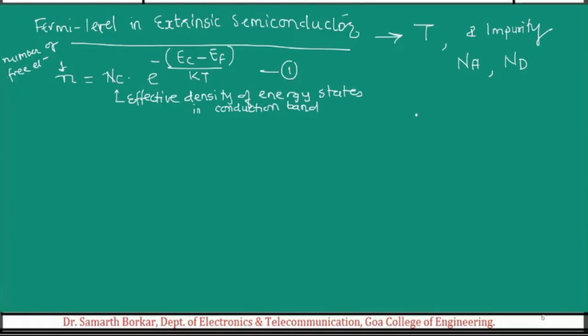As I've told you right in the beginning, the most important thing is you have to get acquainted with these notations. Get used to these notations. Now, for n-type semiconductor, what if I increase the temperature? Fine. Now, in case of n-type semiconductor, if you recollect, we had the equation of charge densities in semiconductor.